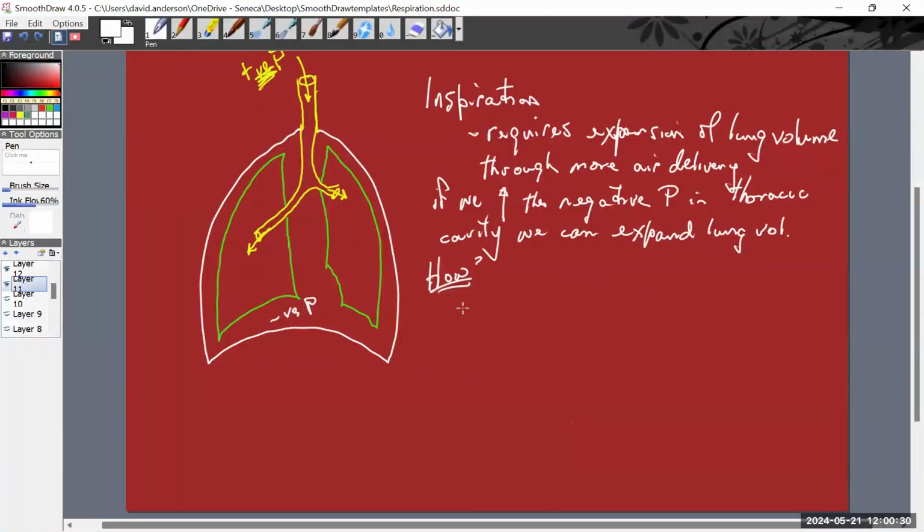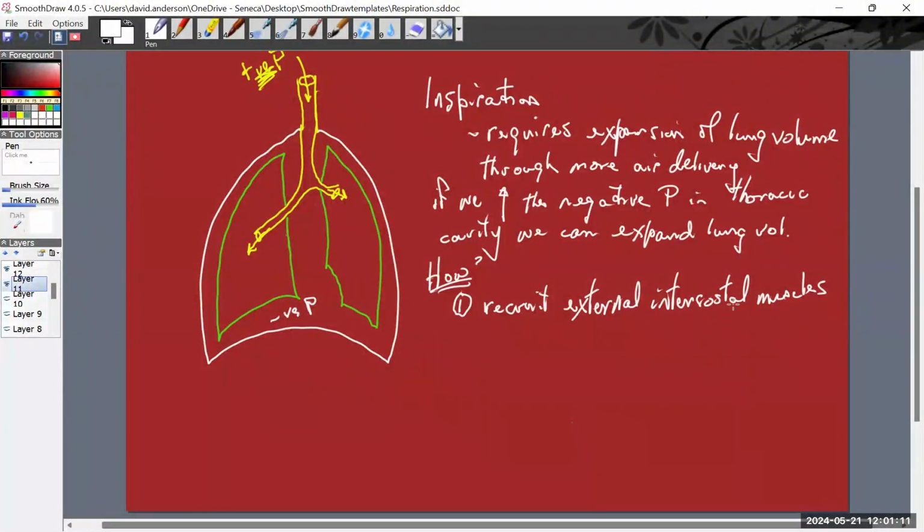So if during inspiration our goal is to make that thoracic cavity space bigger so that we can fill up the lungs more, there are two ways that we're going to do this. We're going to recruit muscles. The external intercostal muscles, so those are muscles that are between the ribs.